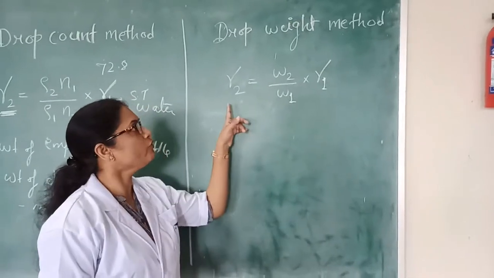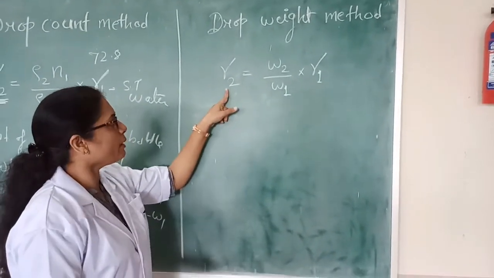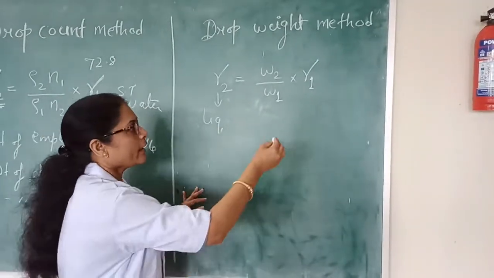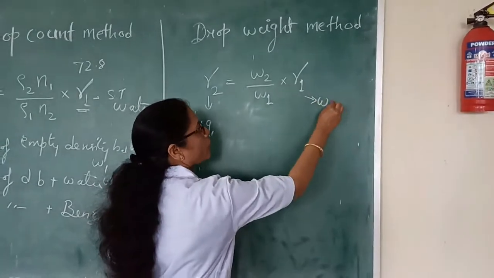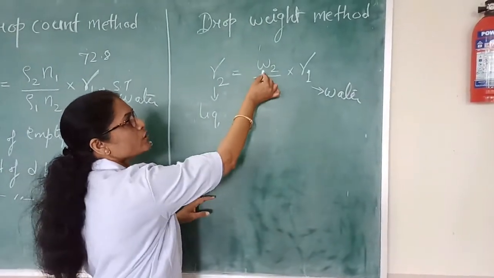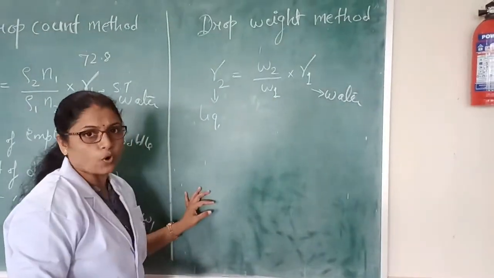So here we have a formula for the determination of surface tension by drop weight method, where gamma 2 is the surface tension of liquid which we want to determine. Gamma 1 is the surface tension of water, that is the standard or the reference liquid which we are taking. W2 is the weight of drops of liquid, and W1 is the weight of drops of water.